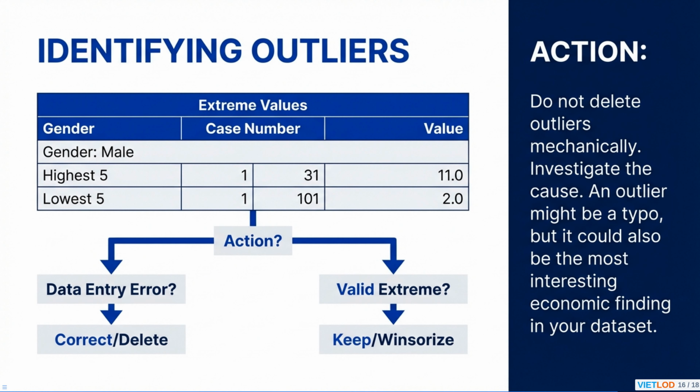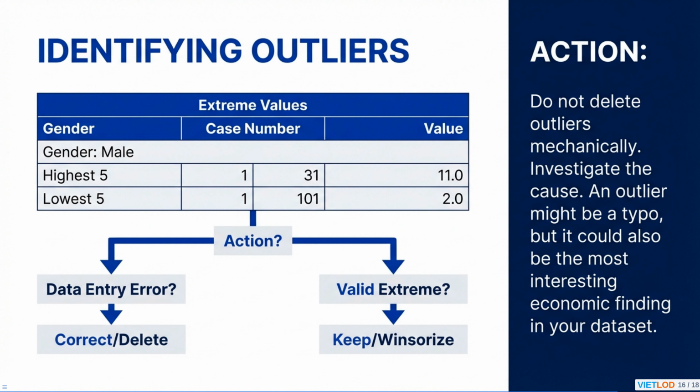After identifying potential outliers through visual diagnostics like box plots, our next step is to examine the extreme values table, which lists the specific cases with the highest and lowest values. For instance, here we see case number 101 for males has a value of 2.0. The crucial rule is never delete outliers mechanically.